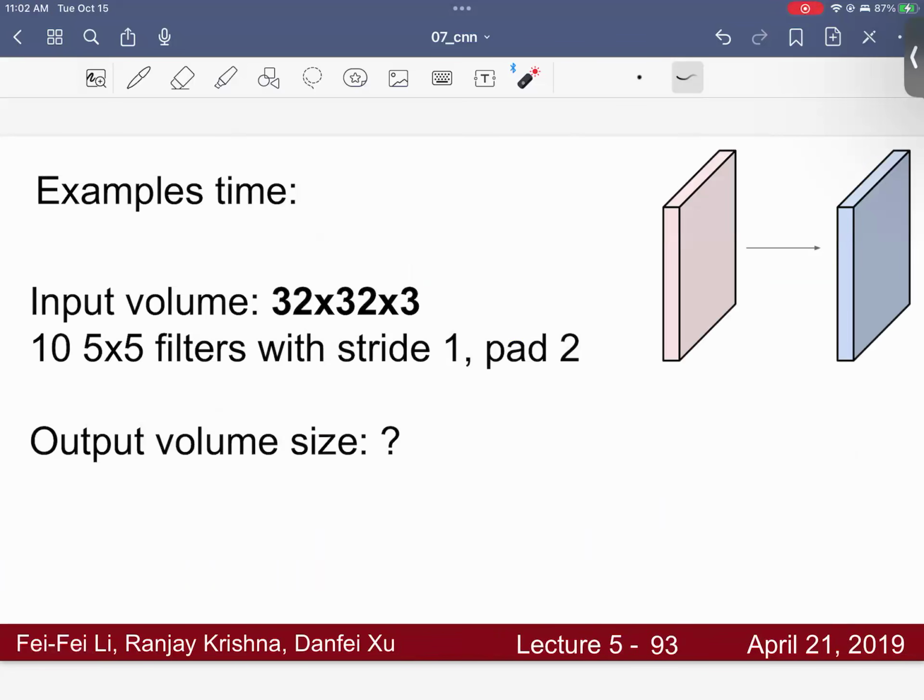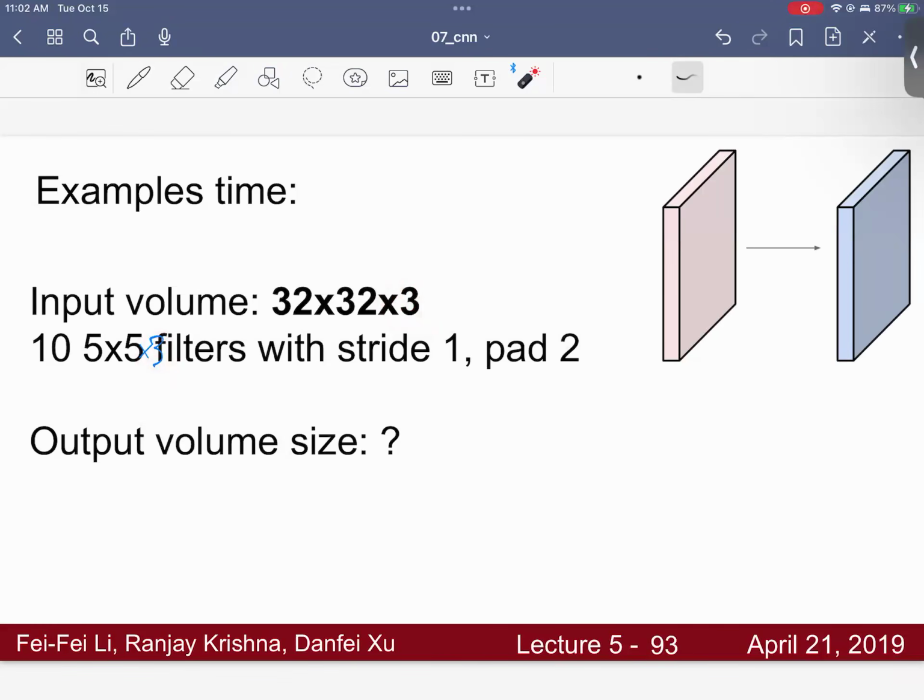So for example, if you have an input volume of 32 by 32 by 3, and you have 10 5 by 5 filters with stride 1 and pad 2, what will be the output volume size? Before moving to the next page, you can try to calculate it in your head. There's a bit of missing information. It should actually be 5 by 5 by 3 filters, because this 3 and this 3 have to match, right?